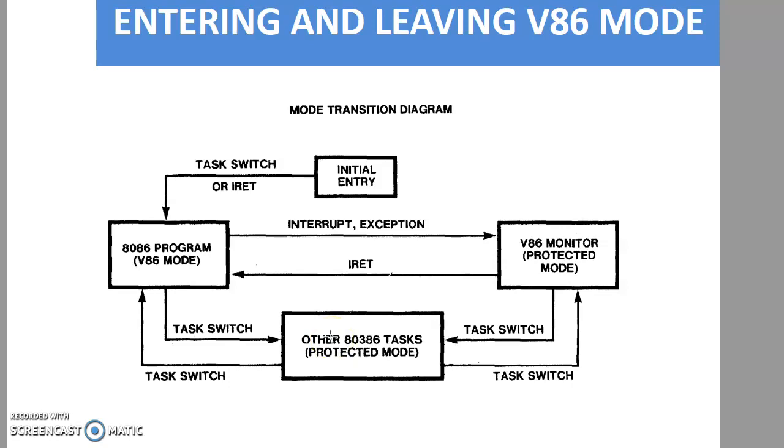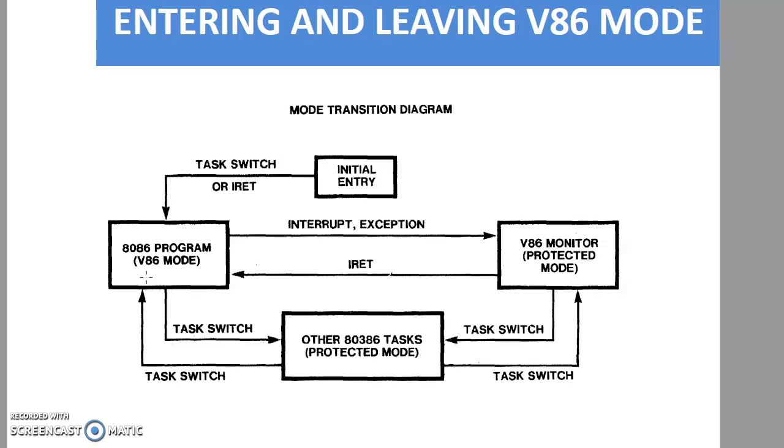Once it completes that task or it wants to switch back to virtual 86 mode, there will be a task switch and the VM bit will be set to 1 and you will have the 80386 in the virtual 86 mode. So this is how you switch from virtual 86 mode to protected mode, either for handling the virtual 86 monitor or to execute some other 80386 tasks.